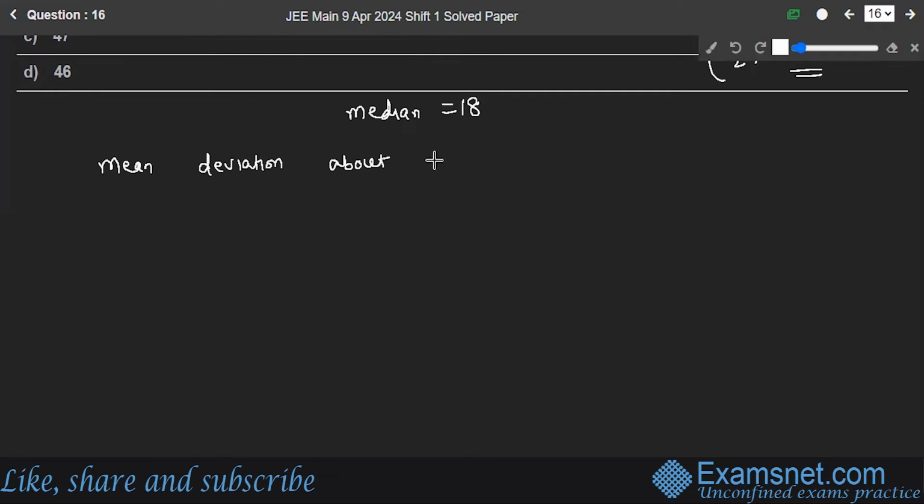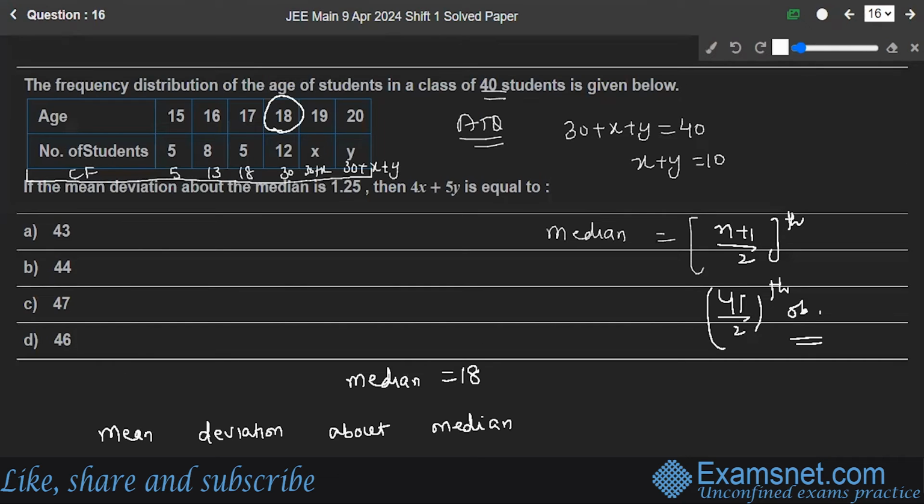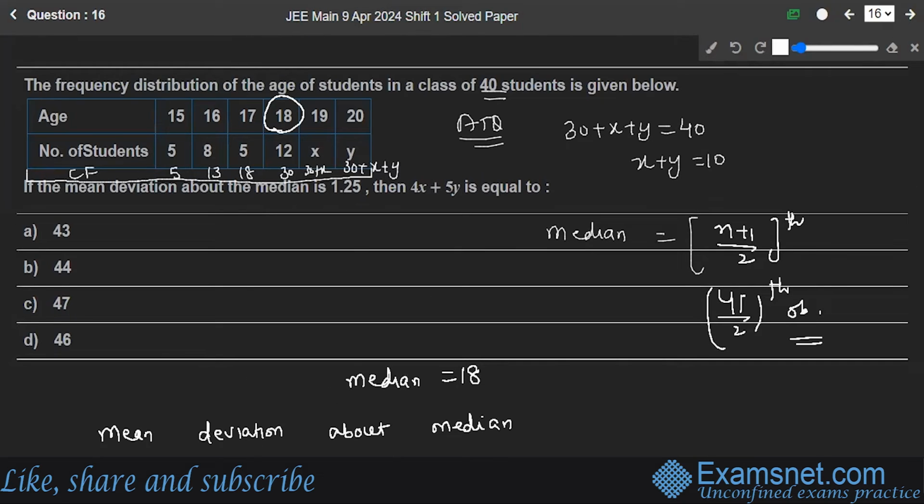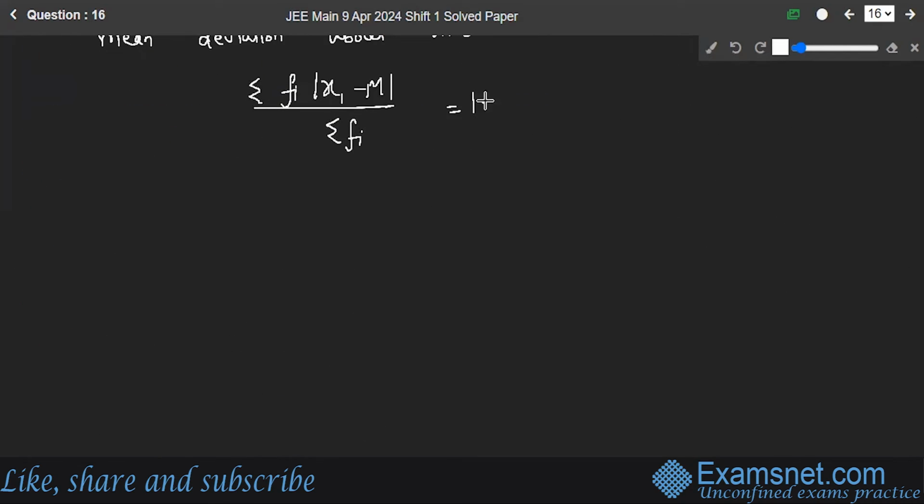Now the mean deviation about the median is given by, median was 18. This formula is given by summation fi times modulus of xi minus M, whole thing divided by summation fi. So this is given to you as 1.25. So this is equal to 1.25, and let's solve it.